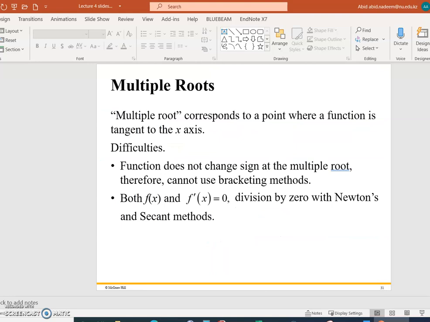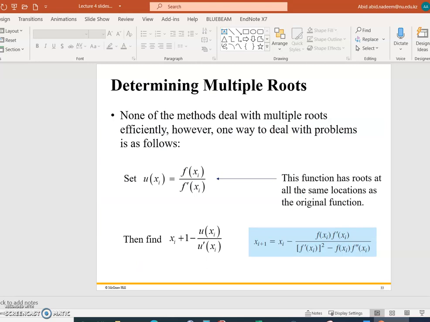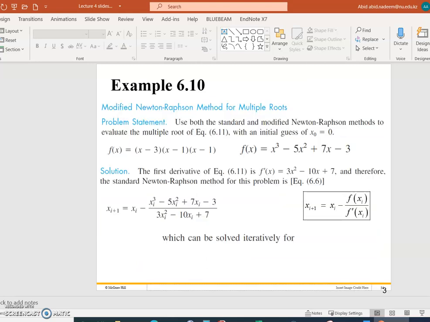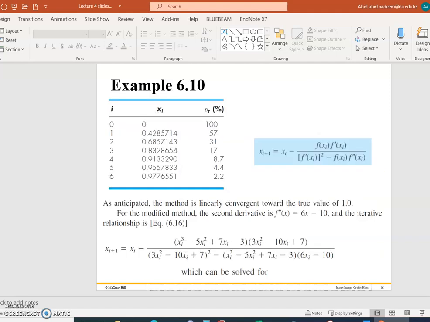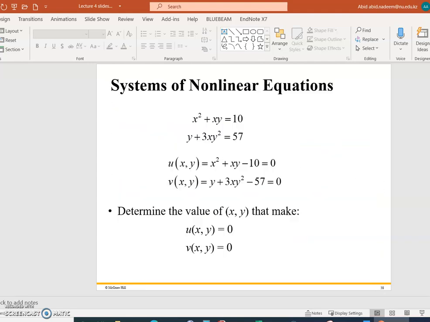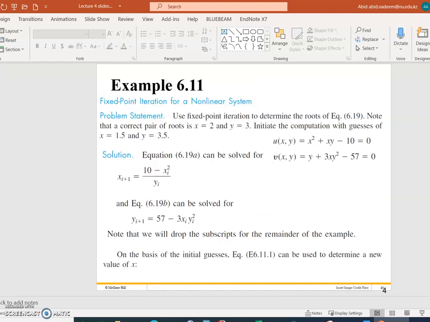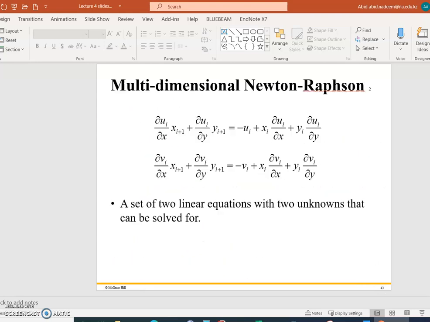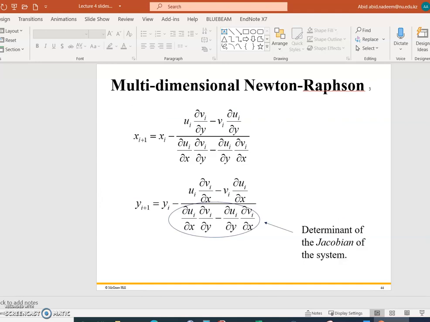Then we did the topic of multiple roots, where we applied the modified Newton Raphson method. And finally we did the system of nonlinear equations, first with the fixed point iteration method, and lastly the multi-dimensional Newton Raphson method.